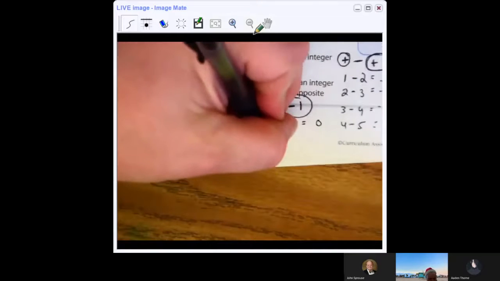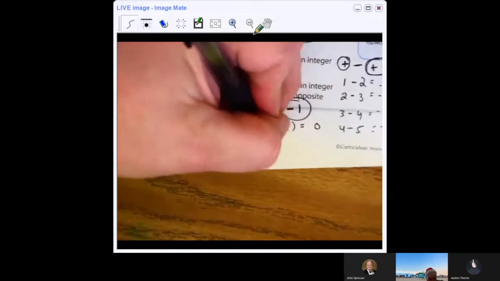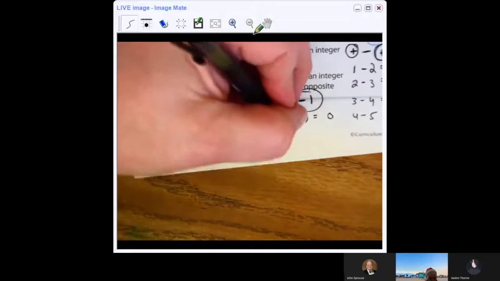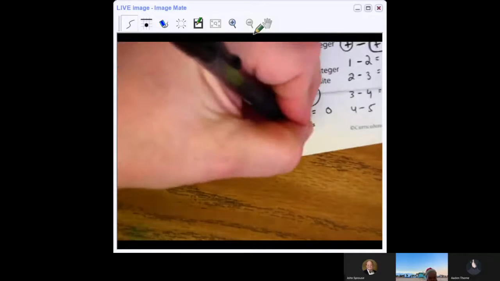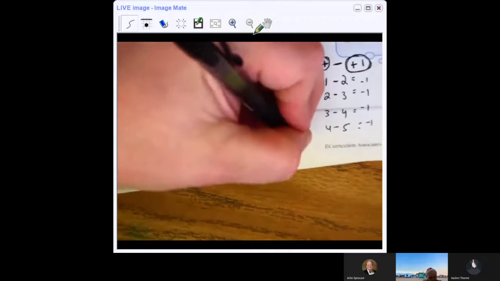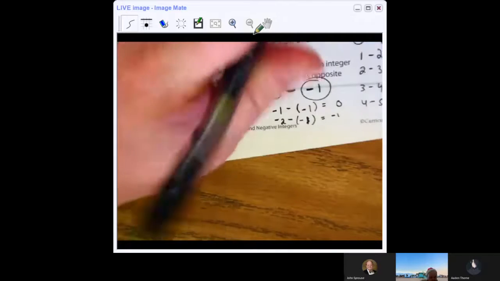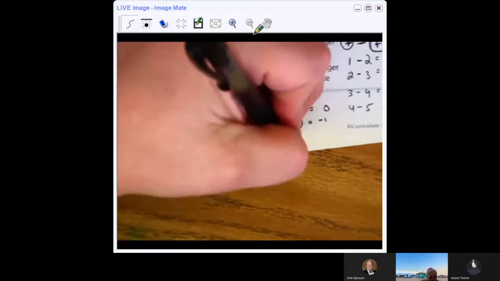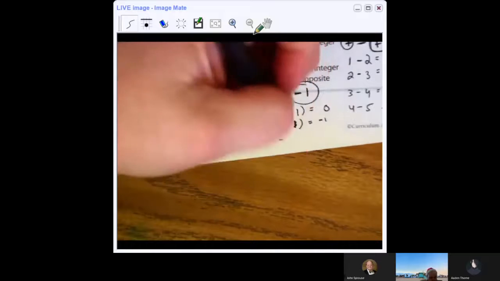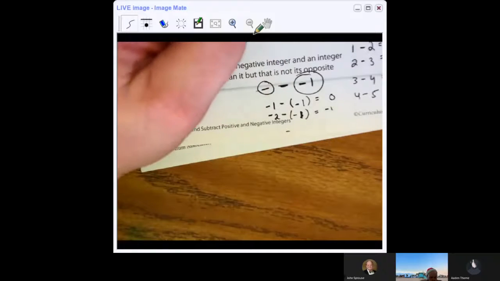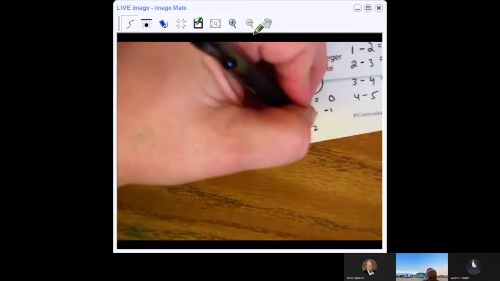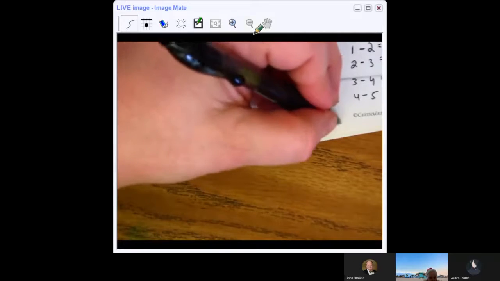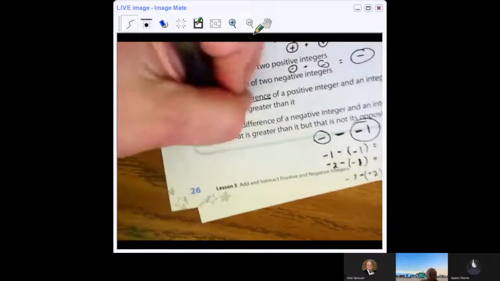What about negative 2 minus negative 3? Or minus negative 1. Give me negative 1. What about negative 3 minus negative 2? That'd still give me negative 1. So D would work as well.